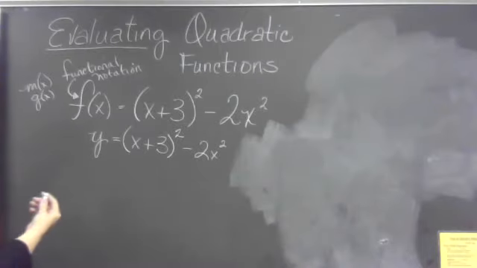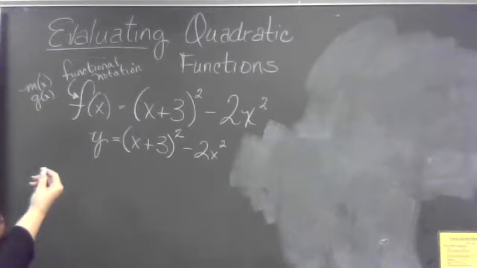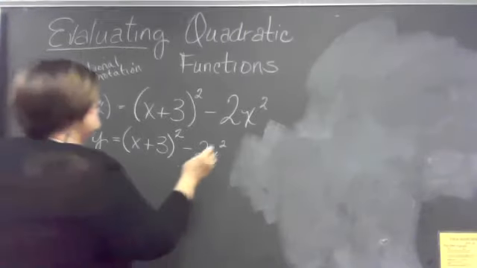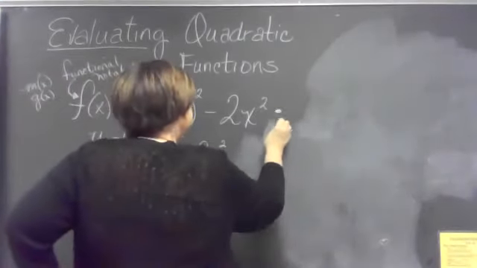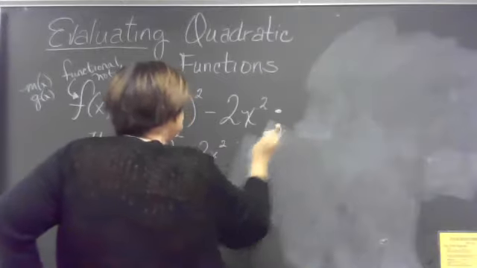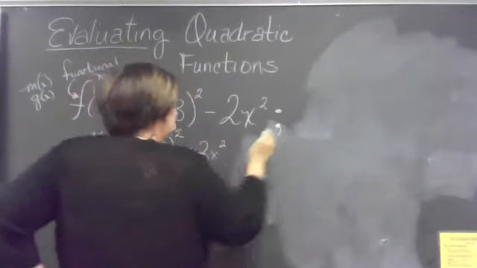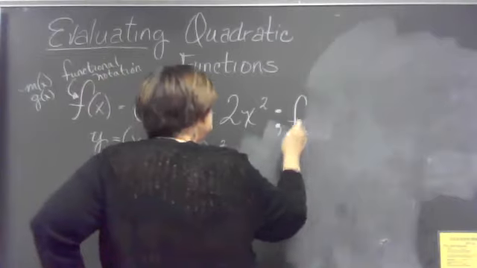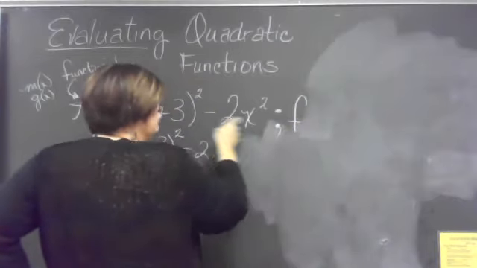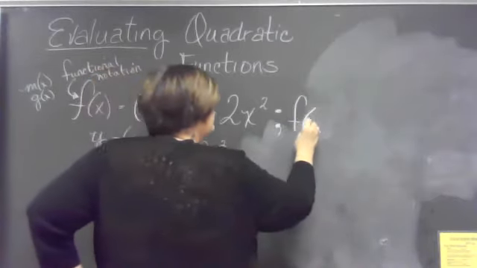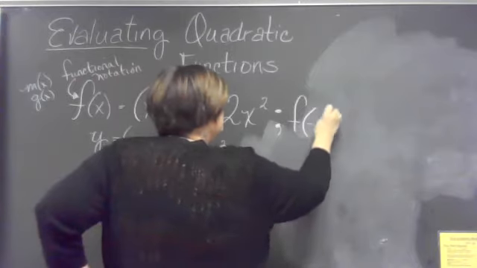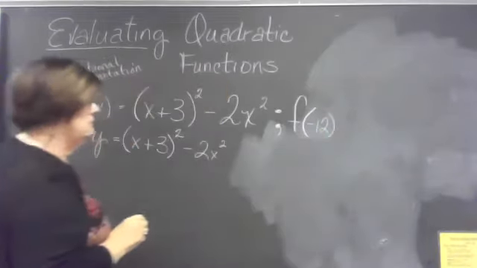Now, number 1 says, I want you to solve this function, the F rule, where x is negative 12.